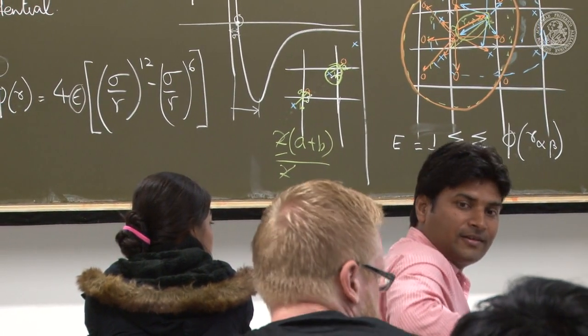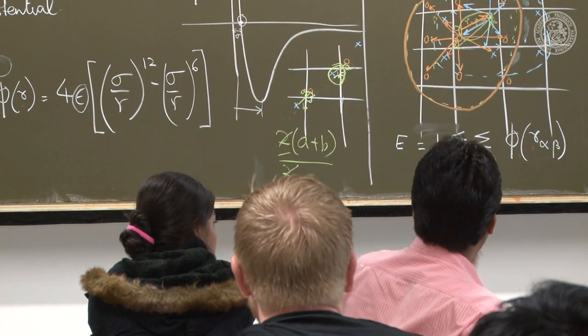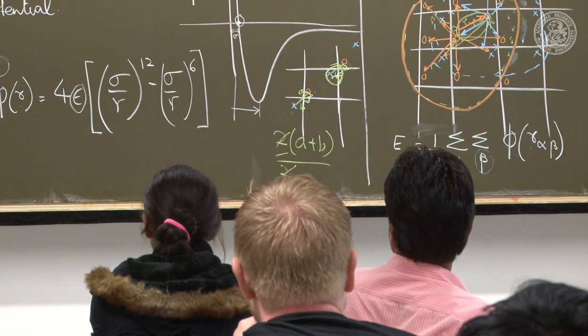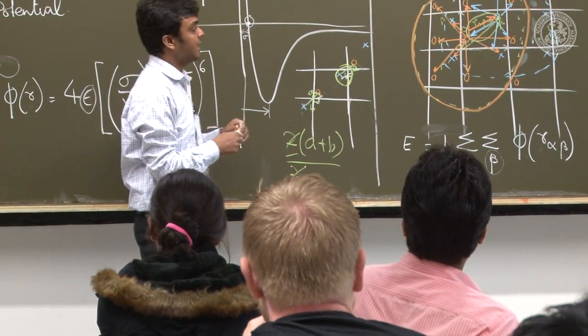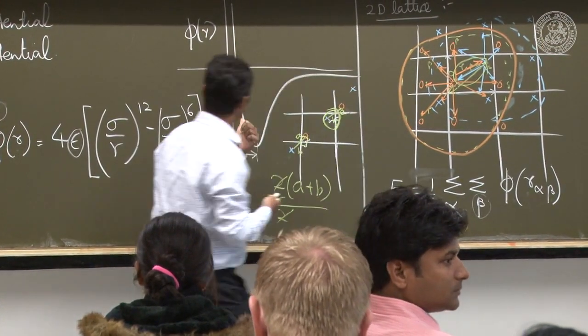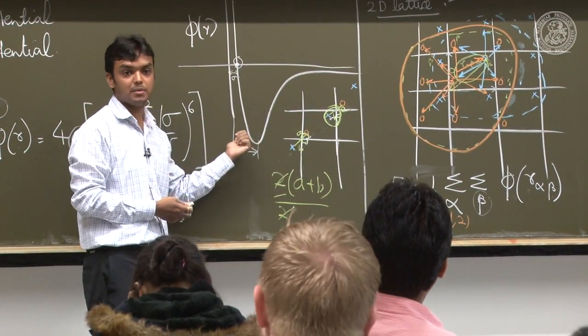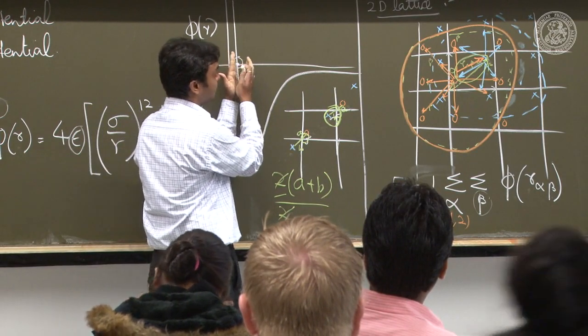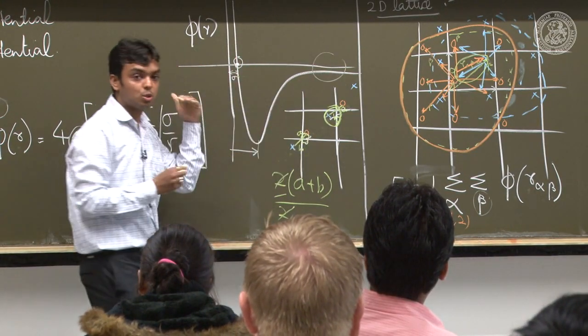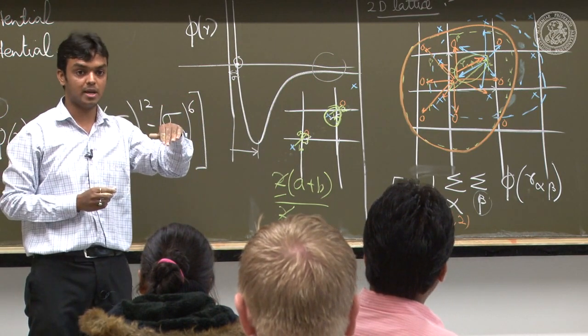Explain about the cutoff radius. Yes, Prakash, can you explain how we determine the cutoff radius? So one way to determine it is, if you look at this figure, as the radius of interaction increases, you see that your energy goes to 0.